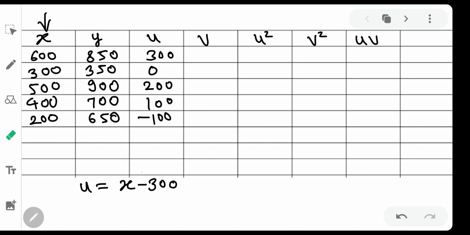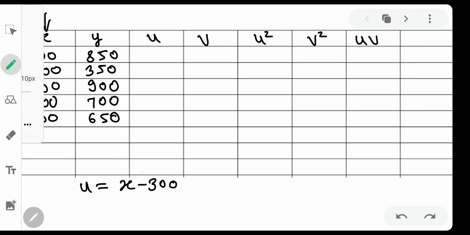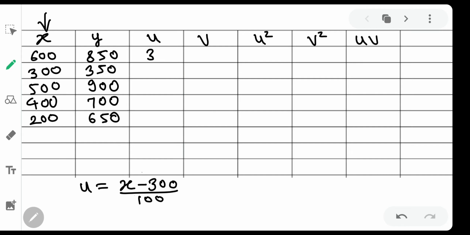So we will apply something else along with the change of origin. I'll divide this u by 100. Now let us see what u will be. It will be 600 minus 300, which is 300, by 100, which is just 3. Similarly, the second will be 300 minus 300 upon 100, which is 0.